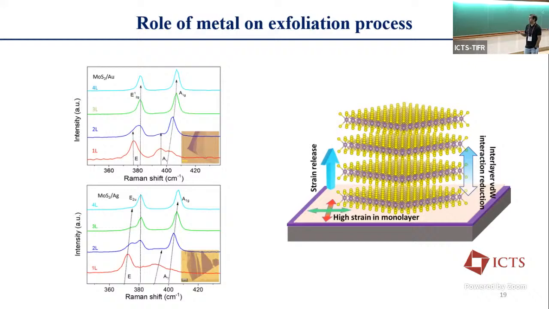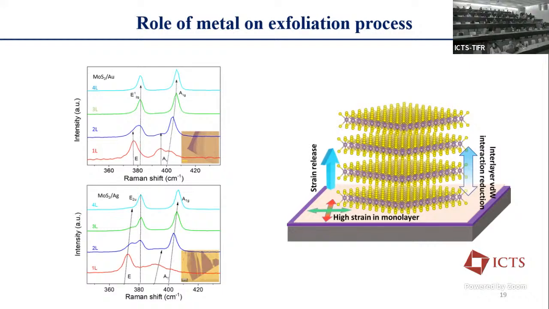So once we attach the layer on top of a metal, then this complex strain plus the electrostatic interaction between this layer and the metal overcome the van der Waals force between the other layers. So this triggers the cleaving of only one layer, and then the other layers go with the tape. So eventually you have only one layer on the system.